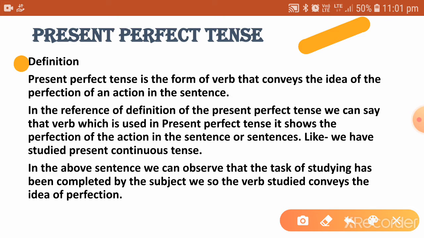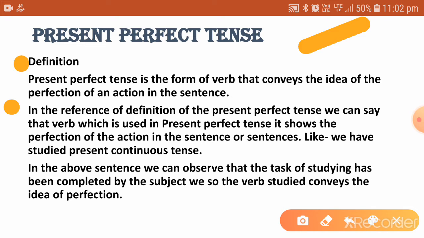In the reference of the definition of the present perfect tense, we can say that the verb which is used in present perfect tense shows the perfection of the action in the sentence or sentences. Like we have studied present continuous tense.